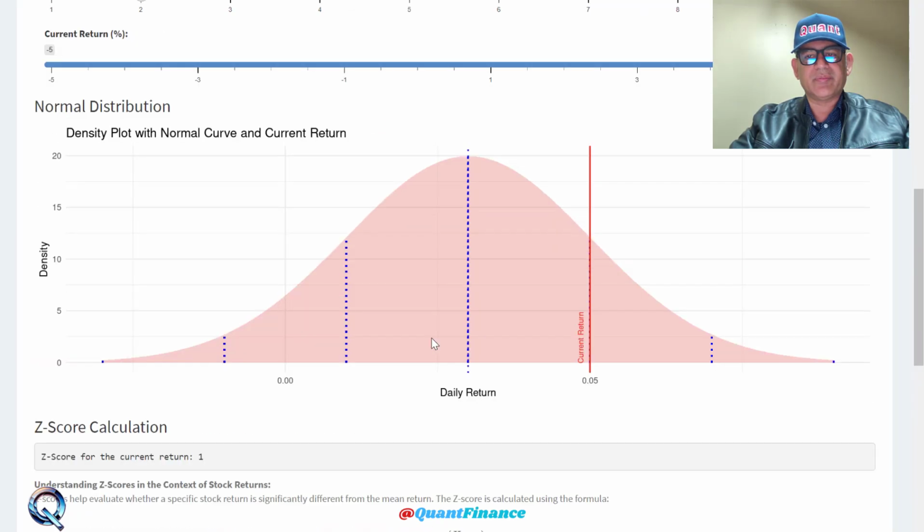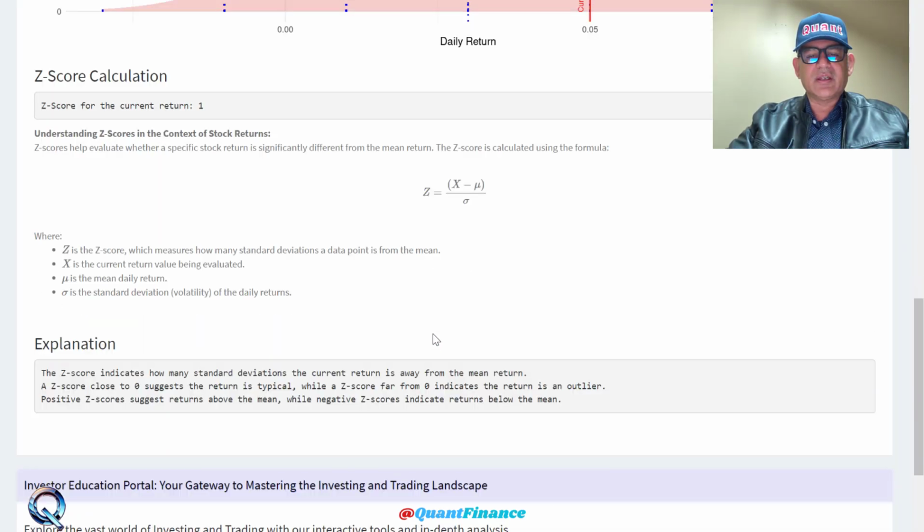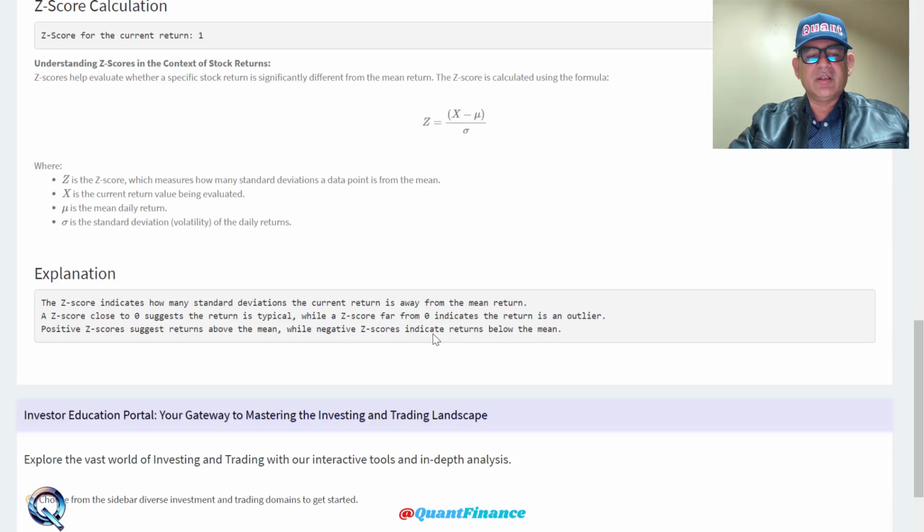So this is an interactive app, and when a Z score is close to 0, it would suggest that the return is typical, while when the Z score is far away from 0, it is an indicator that this return is an outlier, right?